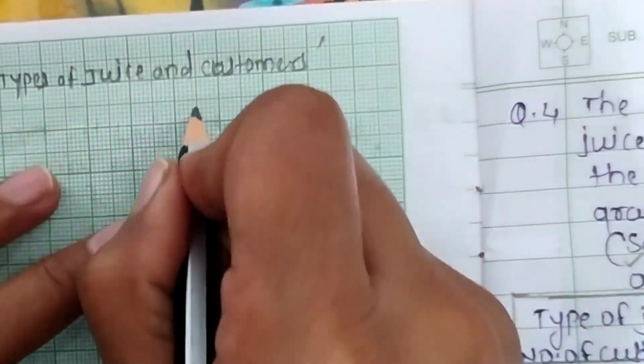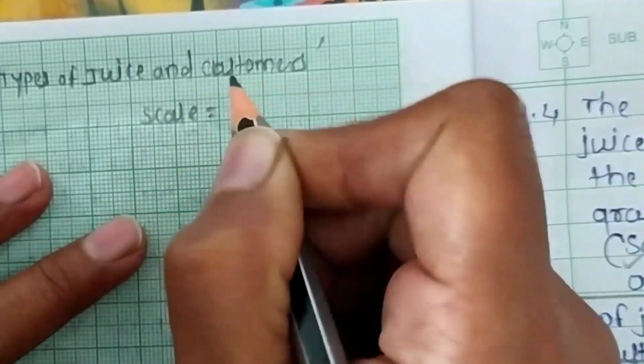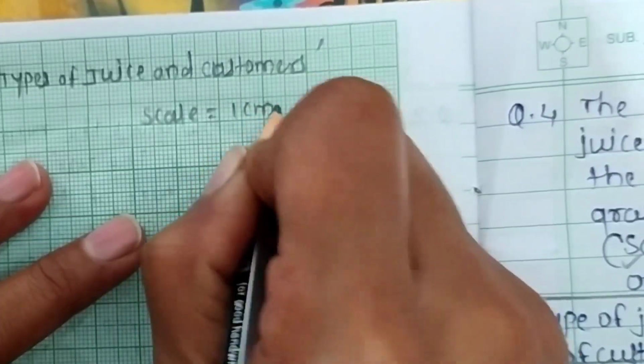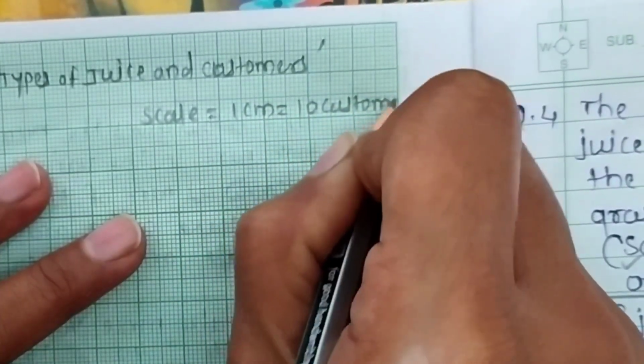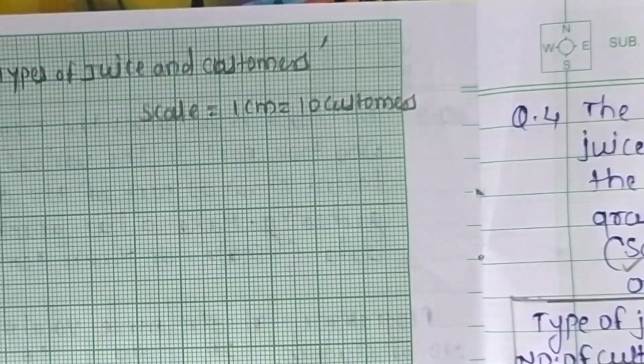Now for this data we are going to use the scale 1 centimeter is equal to 10 customers. Let's draw our x and y axis.